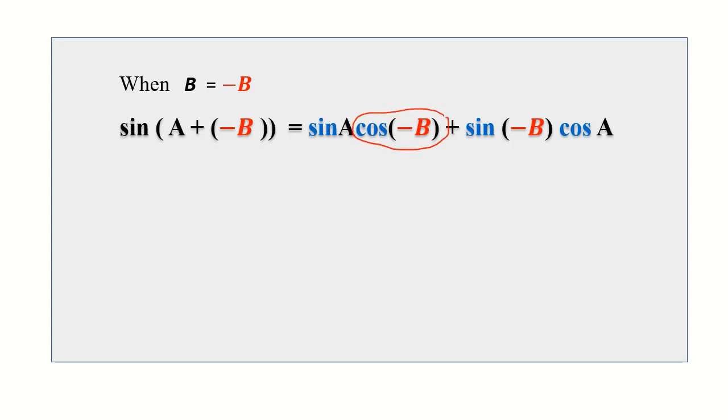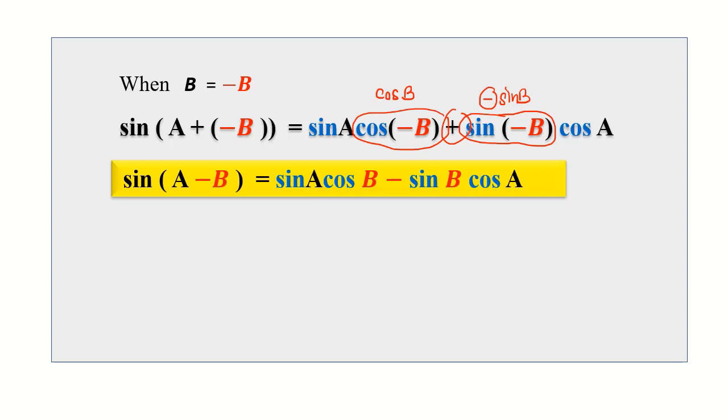The cosine of minus B is equivalent to cosine of B, and the sine of minus B is equivalent to minus sine B. So take note of positive and negative here. Therefore, we will have the addition formula of sine of A minus B equivalent to sine of A multiplied with cosine of B minus sine of B multiplied with cosine of A.